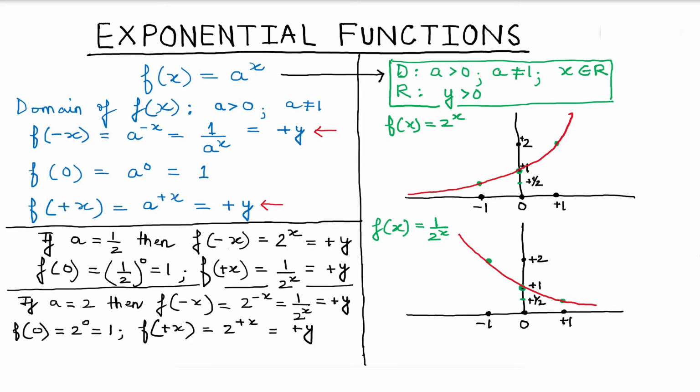Please remember, in both the graphs, the red colored line will never ever touch or intersect with the real x-axis. Why will it not intersect with the real x-axis?